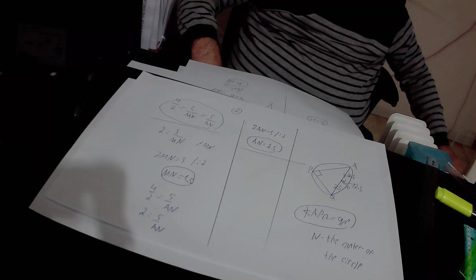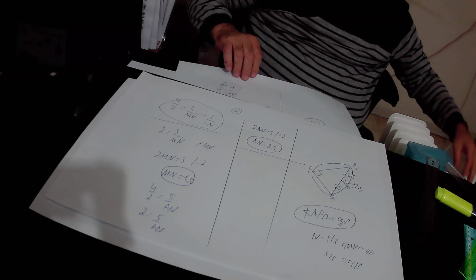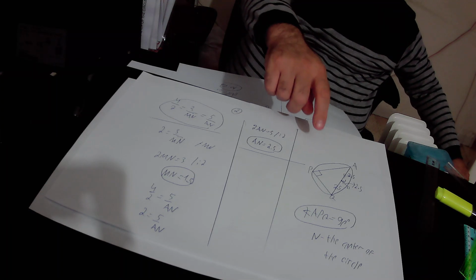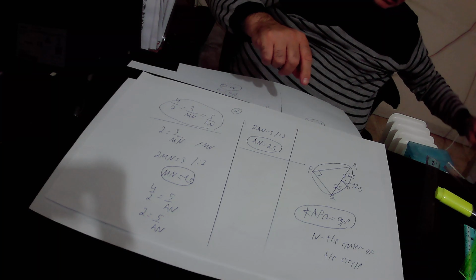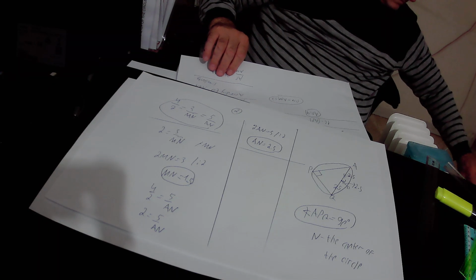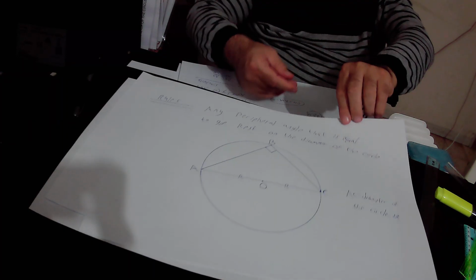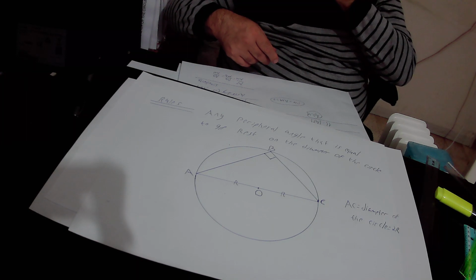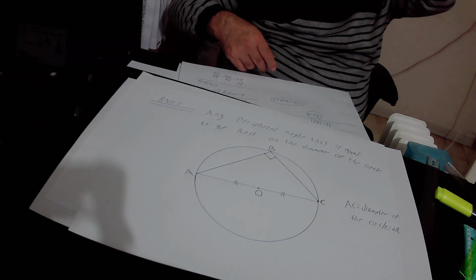And we also have rule number 5. According to it, we know that the peripheral angle APQ equals 90 degrees. And we have the rule that any peripheral angle that is equal to 90 degrees rests on the diameter of the circle.